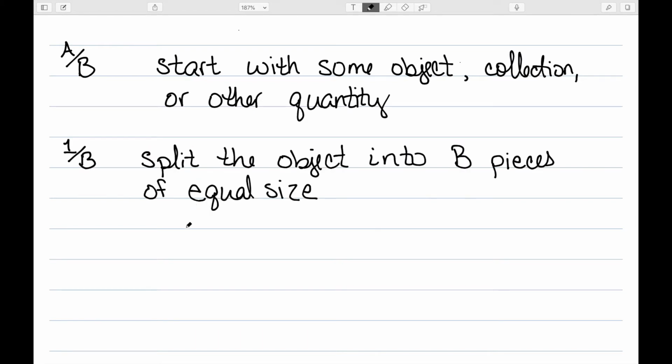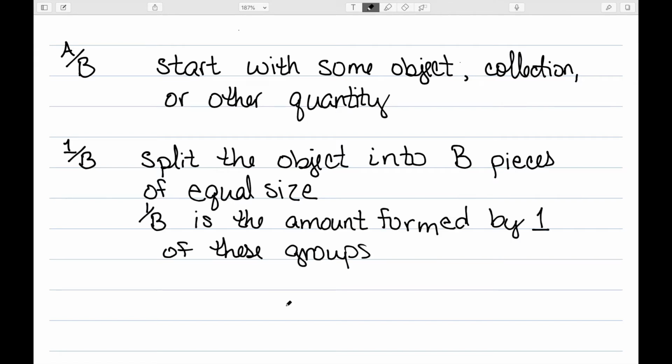We're going to start by splitting our object, collection, or other quantity into b pieces of equal size. If I'm talking about something like a pizza, we'll cut the pizza into b pieces. If we're talking about students in a room, we will break them up into b groups of equal size.